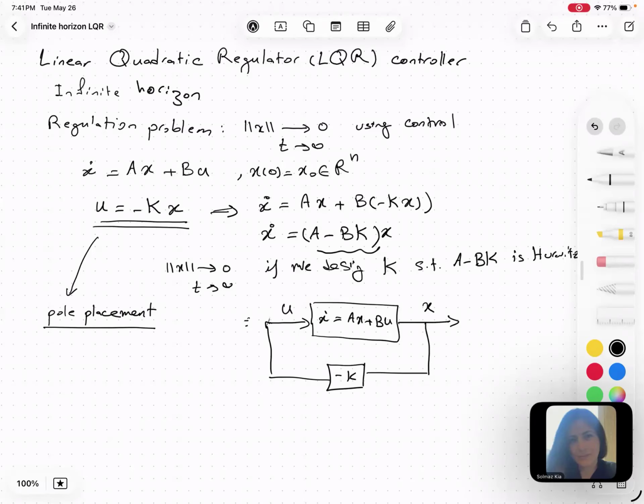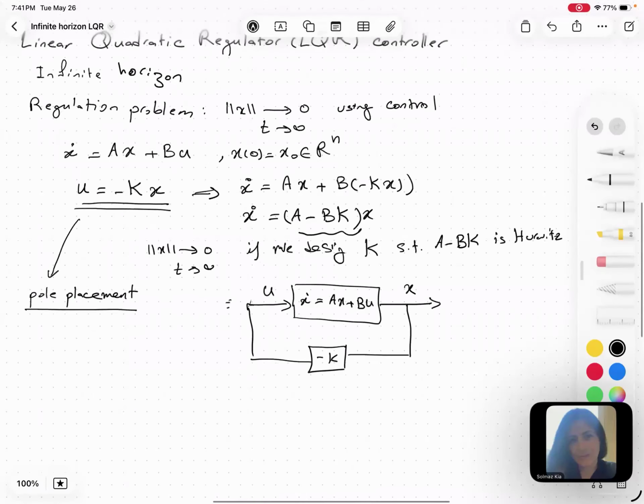Now we want to look at this regulation problem from a different perspective. In the design that just focused on our transient response, we are not that much aware of the size of the control input that we are putting into the system.